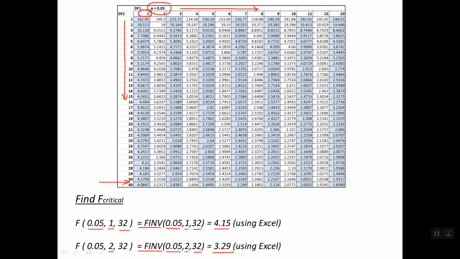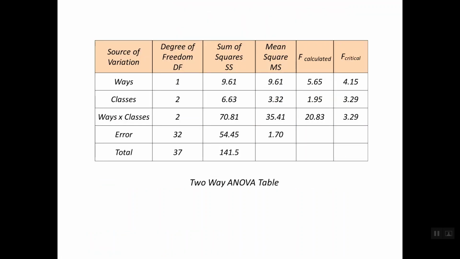So it will give you 3.29 after rounding. So right now we know all the details or records we need to fill inside the two-way ANOVA.